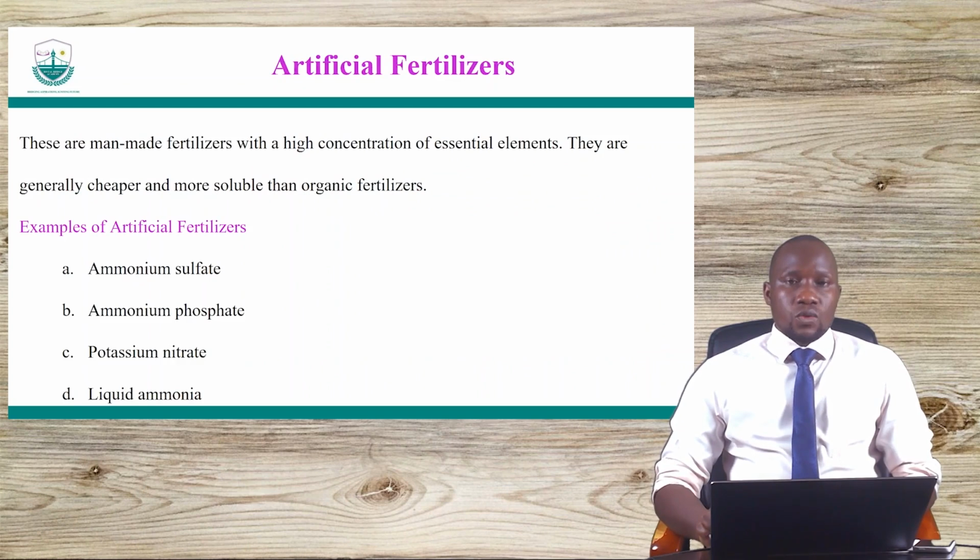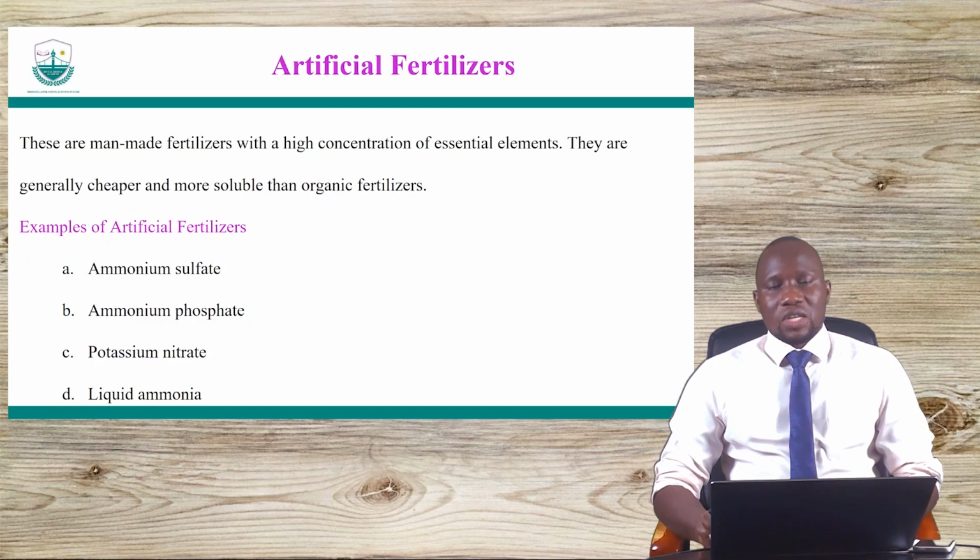Okay, so we start with the artificial fertilizers. These ones are made with knowledge of the concentration, the concentration of the nutrients that you need for particular types of crops.